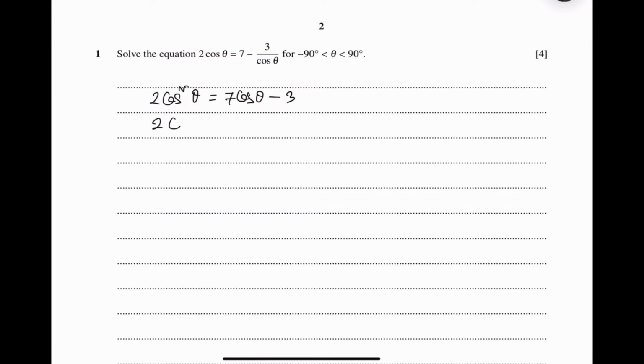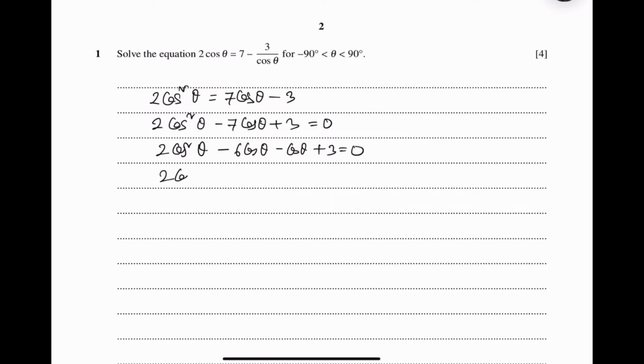Now let us do some simple simplification, what we have done in algebra. So 2 cos square theta minus 6 cos theta minus cos theta plus 3 equals 0.